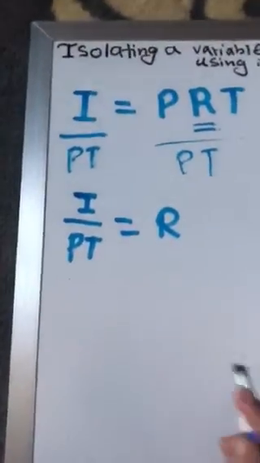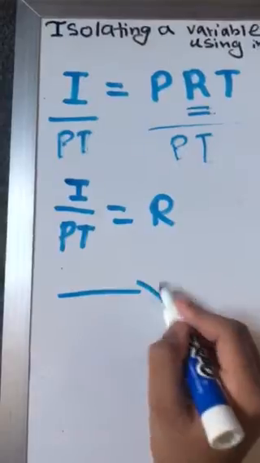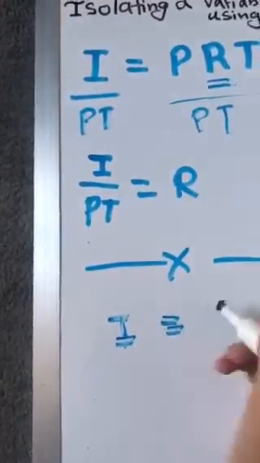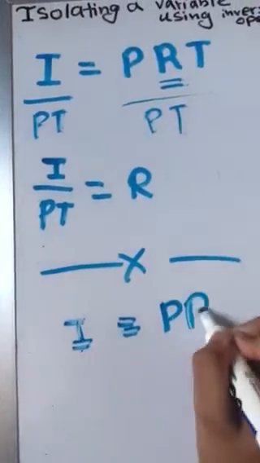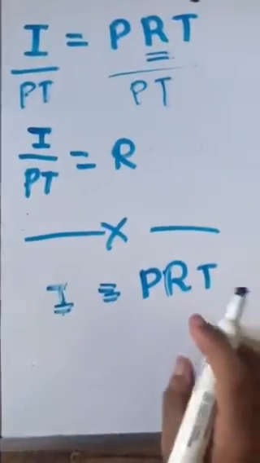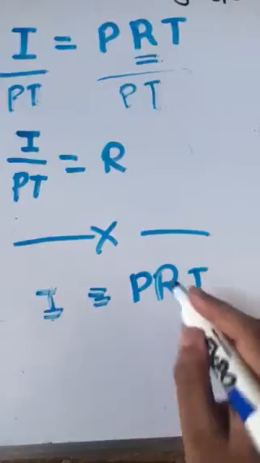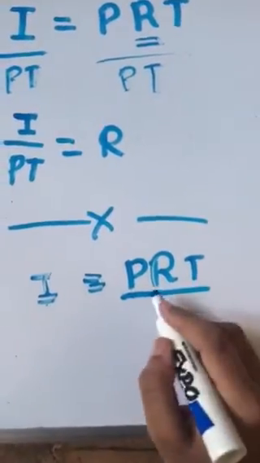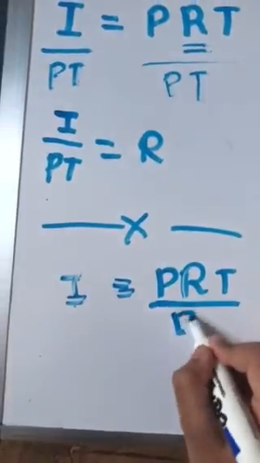Or we could have done it in two steps. So we could have done, first, I equals p r t, and get rid of one variable at a time. So first let me get rid of this p by dividing everything by p.